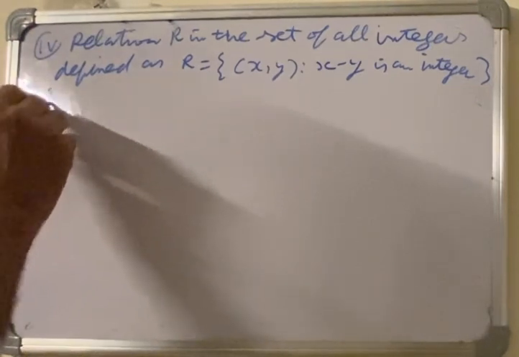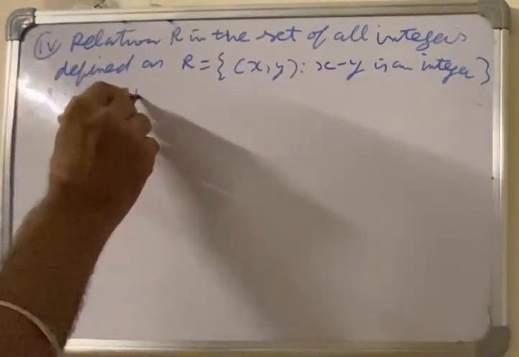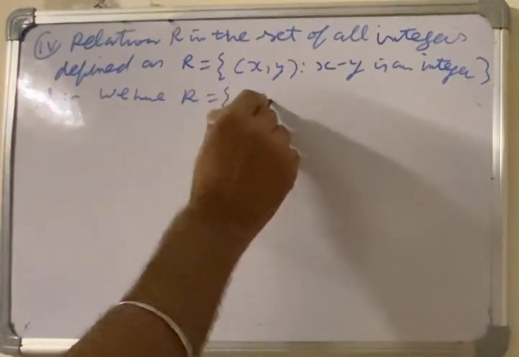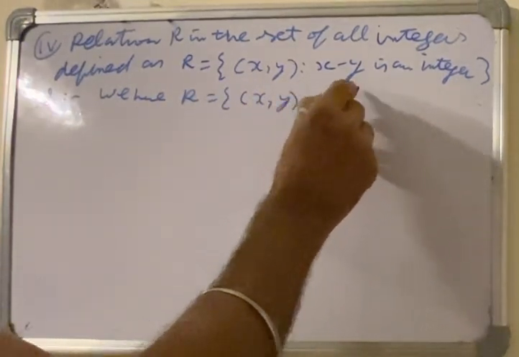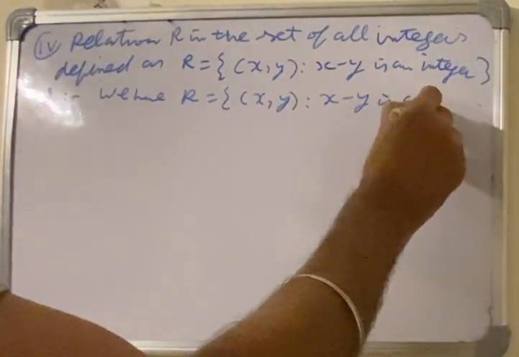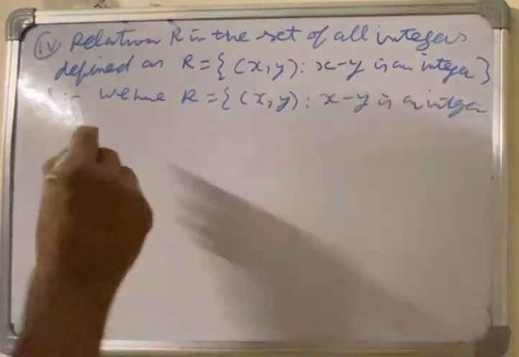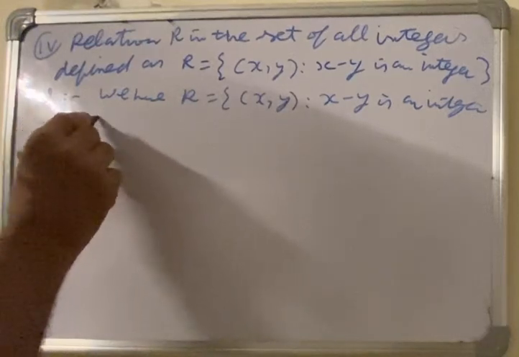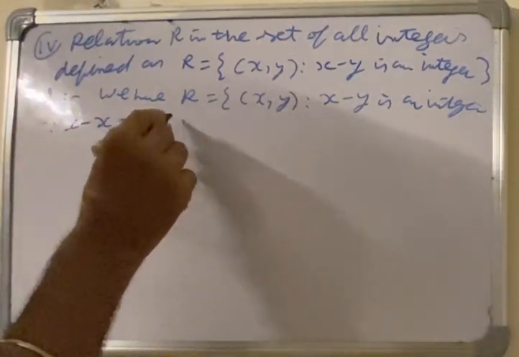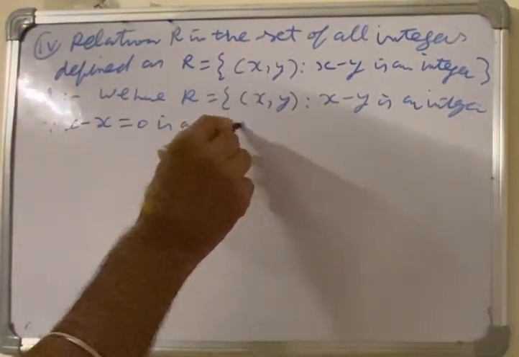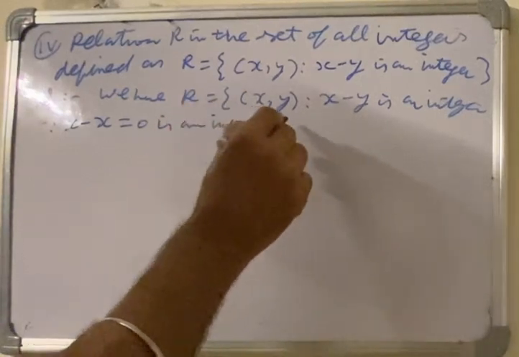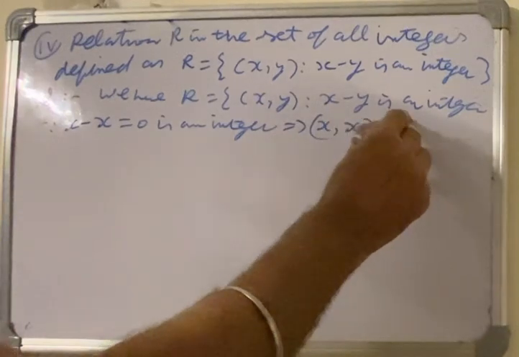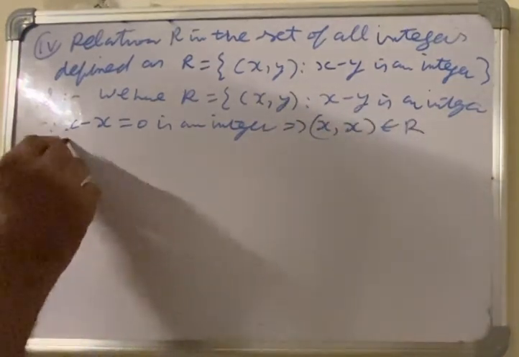Solution: we have R equal to {(x, y) such that x minus y is an integer}. Since x minus x is equal to 0, which is an integer, therefore (x, x) belongs to R. Therefore R is reflexive.